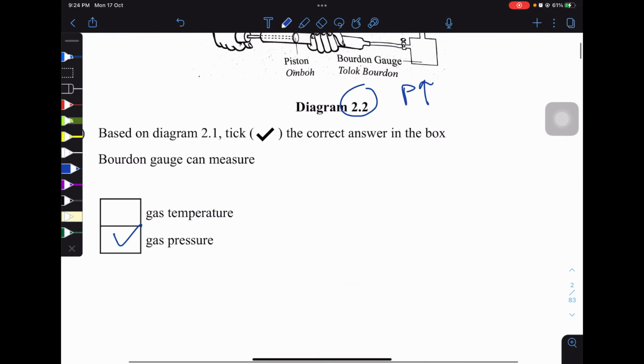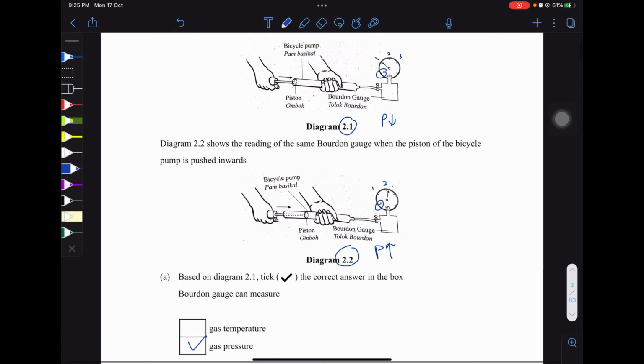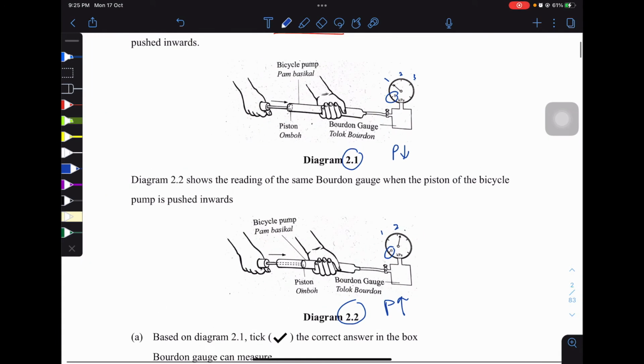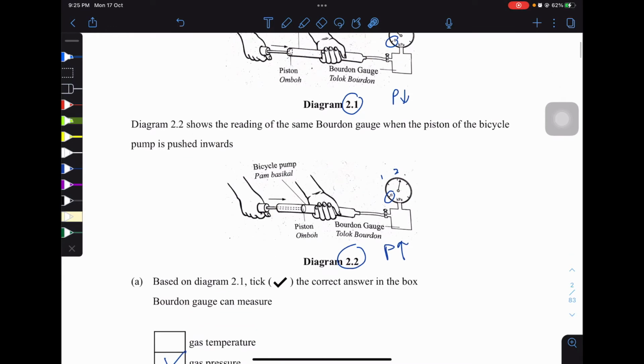Before that, the question asks you about volume. So, where's the gas? Look at that. The gas for 2.1 is here, all the gas. But for 2.2, so what's the answer?